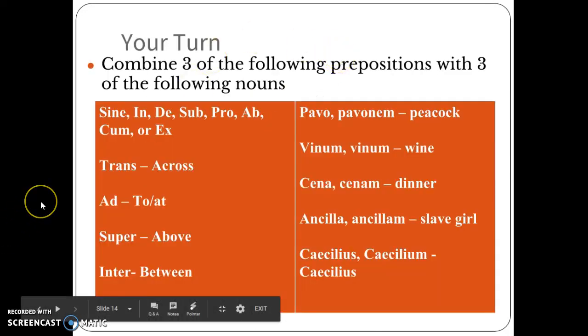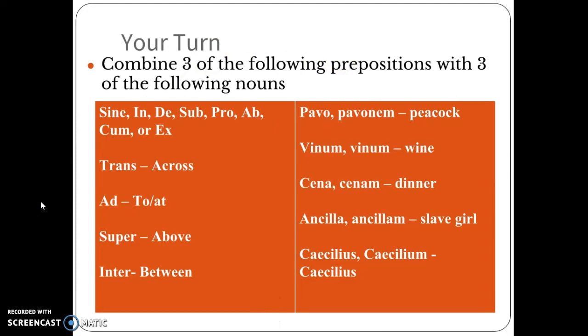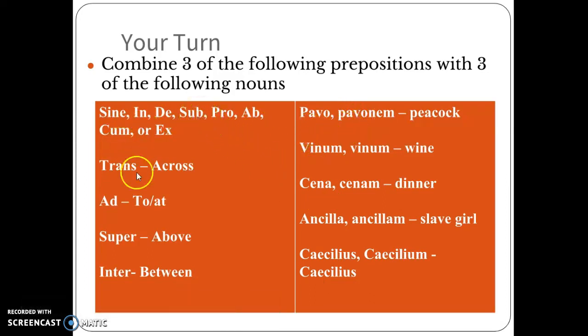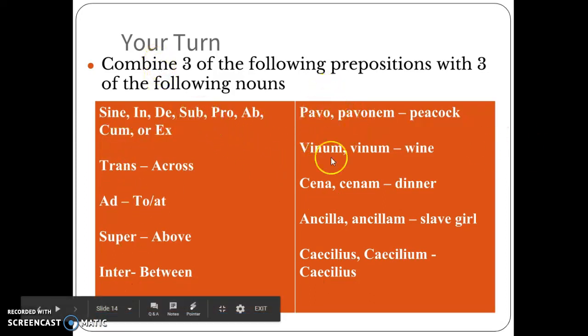Okay. So lastly, this is your turn. You are going to combine 3 of the following prepositions with 3 of the following nouns. You'll notice I have all the SID spaces up here, and I have some of the more common non-SID spaces right here. You have a bunch of different options over here in terms of nouns, and you are going to choose three different words from over here and combine them with 3 different words from over here to create a total of 3 prepositional phrases.